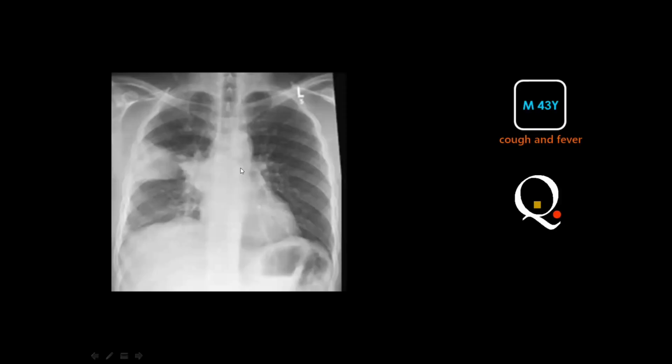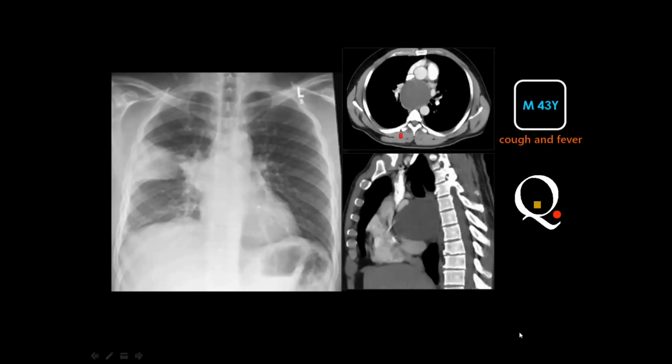And the possibility of a lesion here is suspected, only suspected. I'm not sure about this, but if you see the CT scan of the same patient and you got a lesion which corresponds to this area, and this lesion is cystic and is located in a very characteristic location, diagnostic of bronchogenic cyst, yes. And this is bronchogenic cyst and pneumonia.